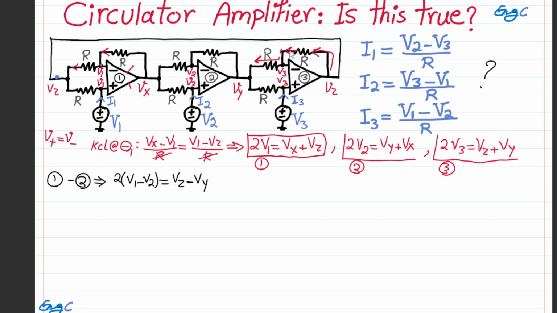So these two resistors are in series with each other. Therefore, Vz minus Vy is simply 2 times R times I3, because this current I3 should be the same current on top.